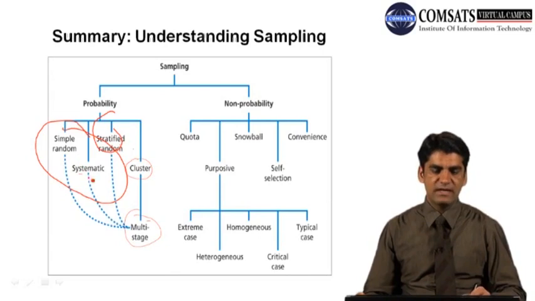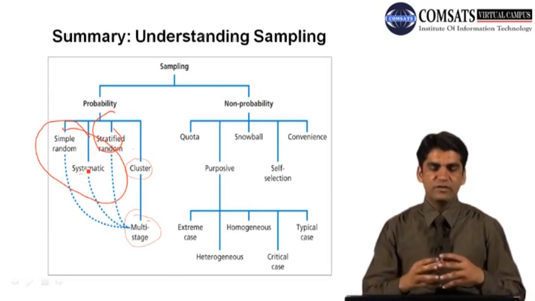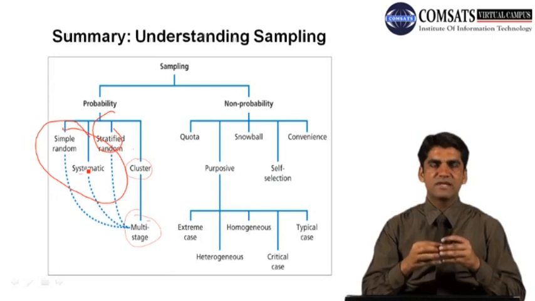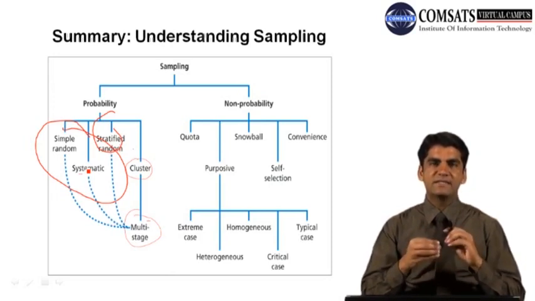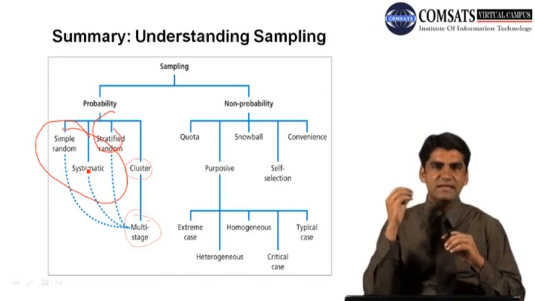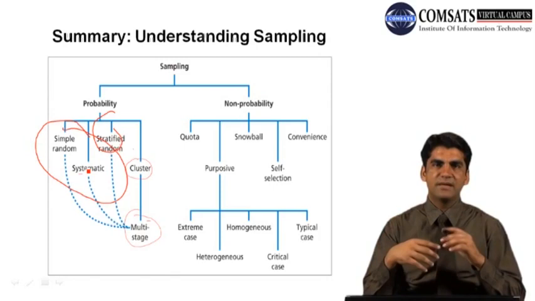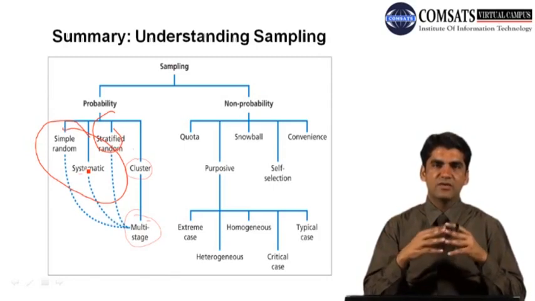So simple random and systematic I have grouped together because they are similar, but the only difference is that in simple random you select your sample randomly by generating random numbers, maybe using Excel random number generators, and in systematic sampling you give a unique number to each case or element in your sample, and based on that you apply the simple random sampling technique to get your data.